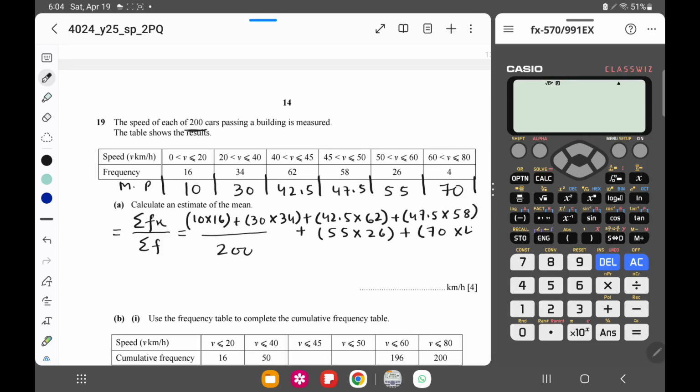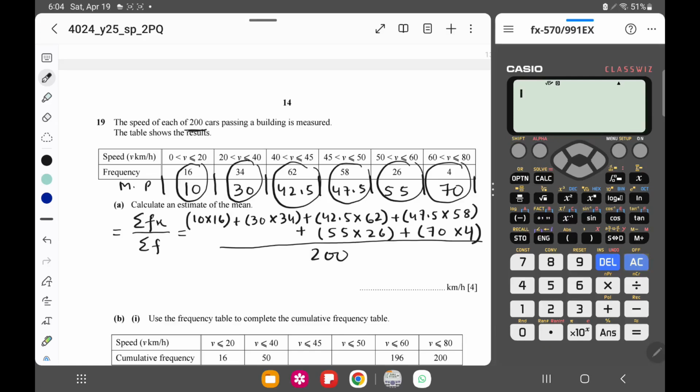Everything will be divided by 200. That is the sum of fx.